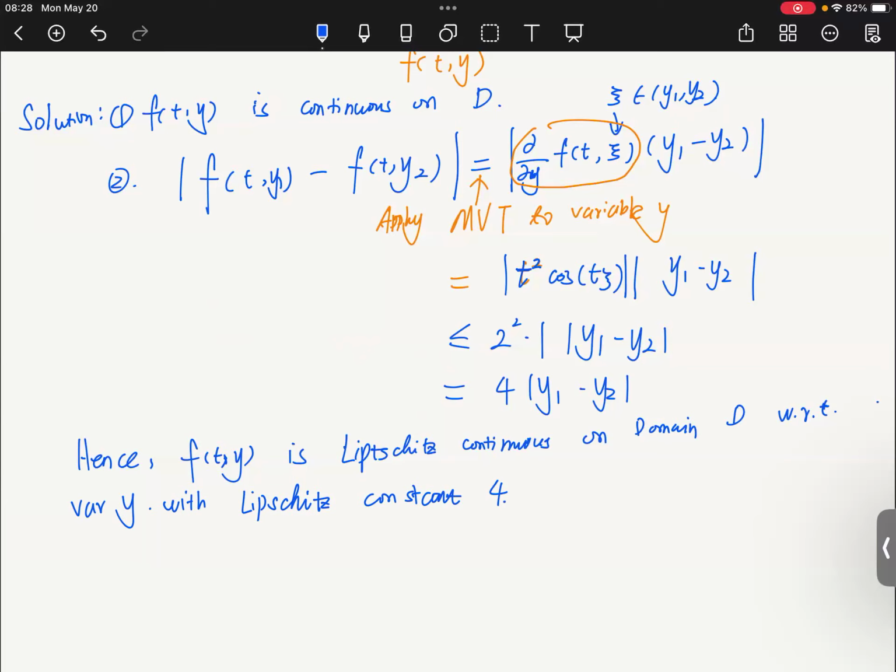So that's all the things. And then because we have already checked the f function is continuous, and the f function is also Lipschitz continuous on the domain D with respect to the variable y, with Lipschitz constant 4, hence, by Theorem 5.4, a unique solution exists.